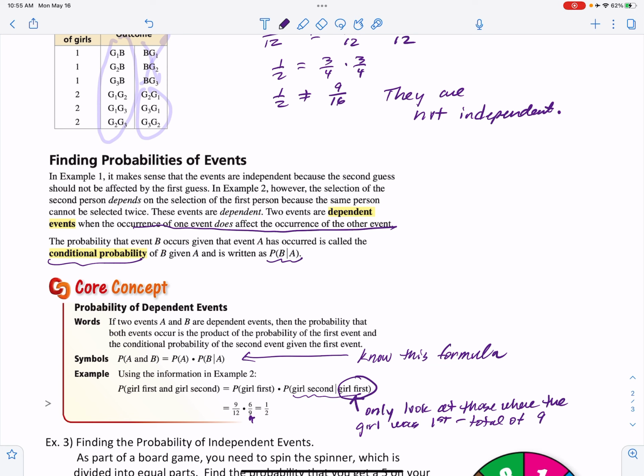And then of those, you look where the girl is second. So of that set of 9, how many have the girl second as well?